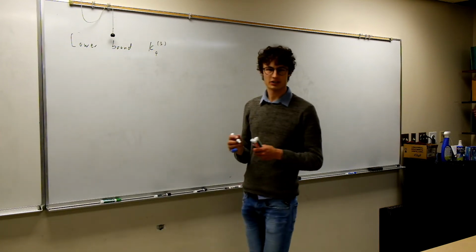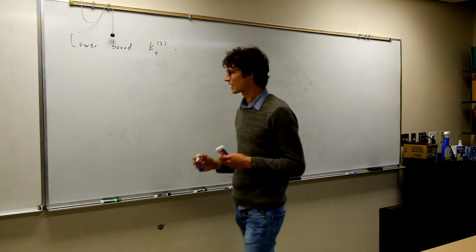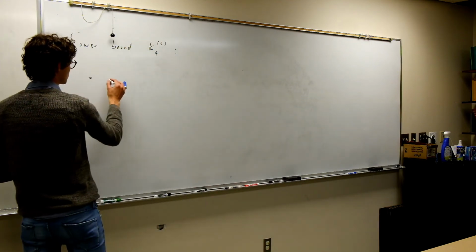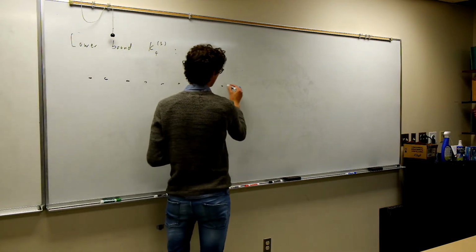So a lower bound for this graph. So how can I obtain one? I choose a lot of vertices again, and I order them linearly.